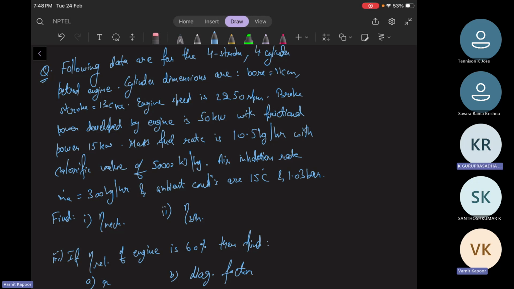Second one is brake thermal efficiency. What about others? Tennyson? I am calculating brake thermal efficiency. What about Santosh? Santosh, Tennyson, are you there? Swara?